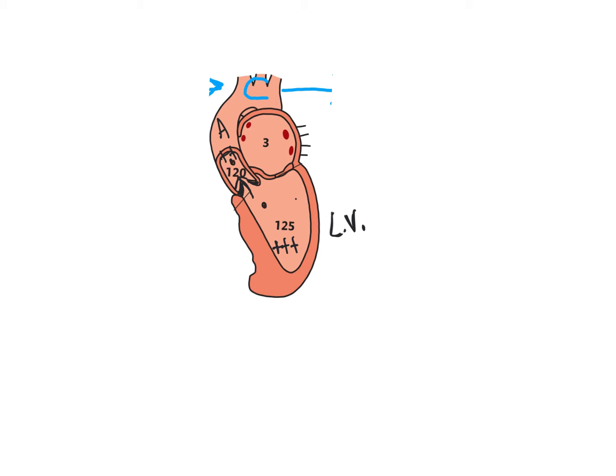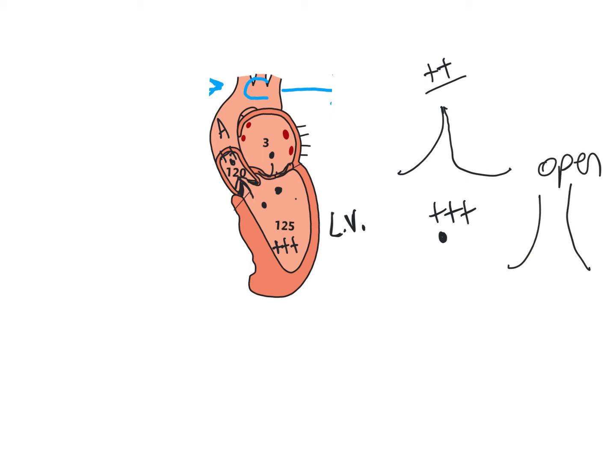And you may be wondering, why is it that the pressure in here does not overcome the pressure in here and open this valve? Well, because the valves are one-way valves. So if there is pressure from here that is greater than the pressure in this area, the valve can open up like that.